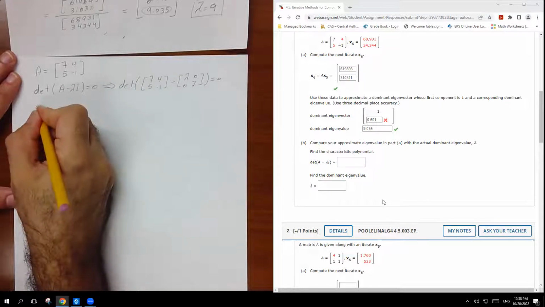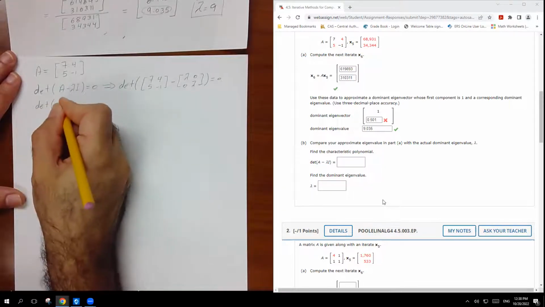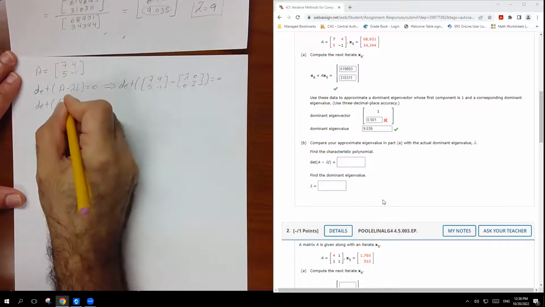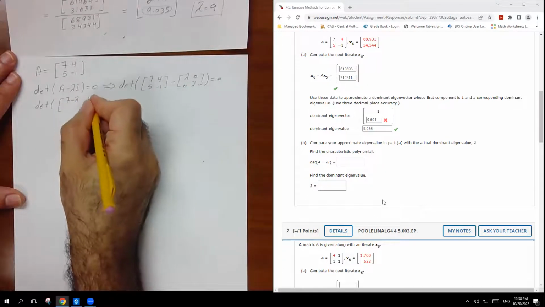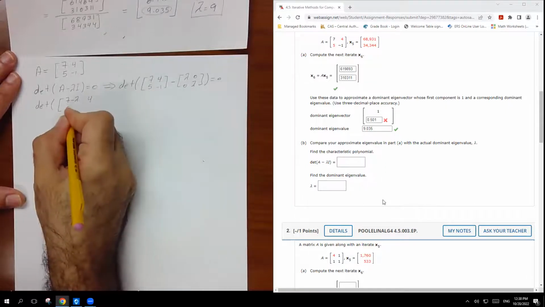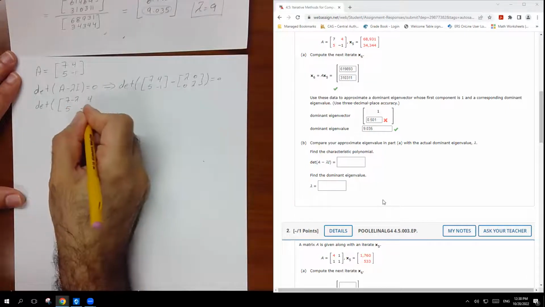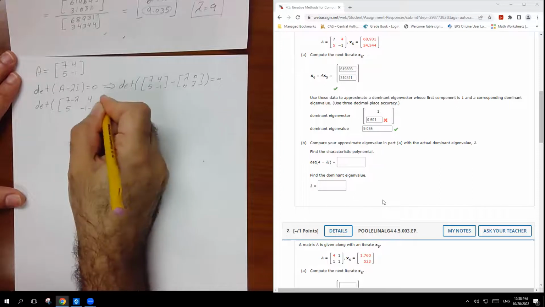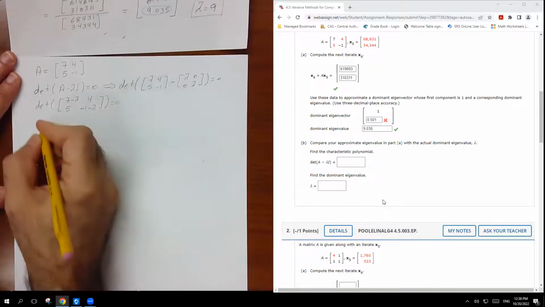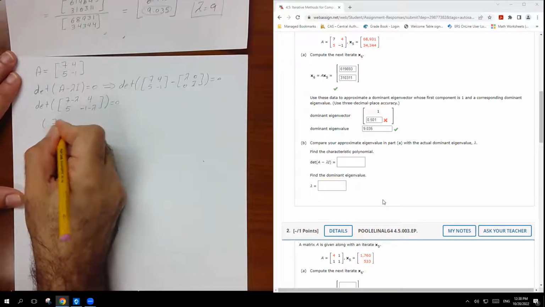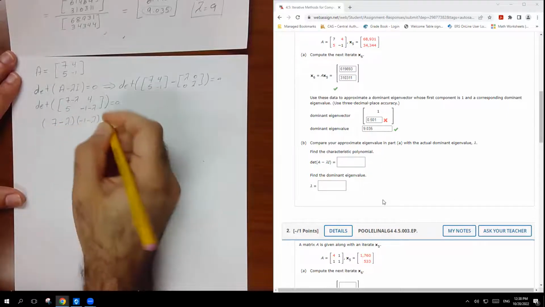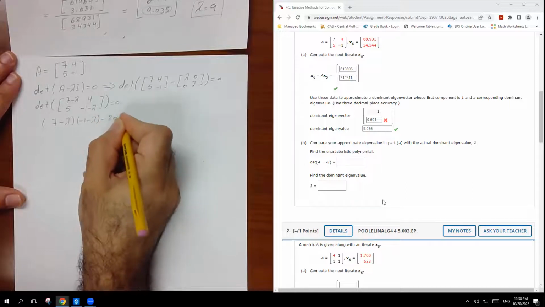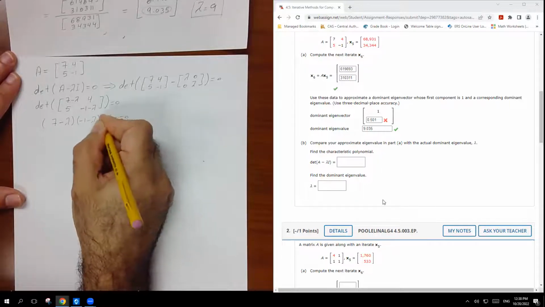Then it's the determinant of 7 minus lambda, 4, 5, and -1 minus lambda equals 0. That means (7 minus lambda) times (-1 minus lambda) minus 20 is going to be equal to 0.